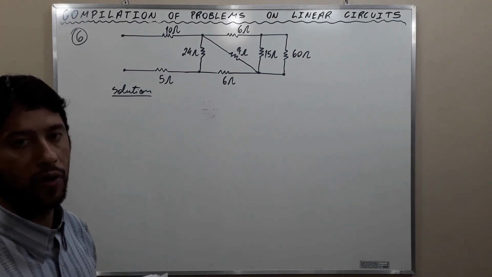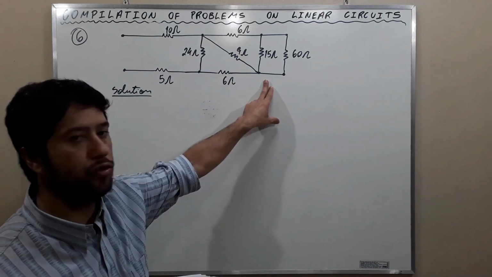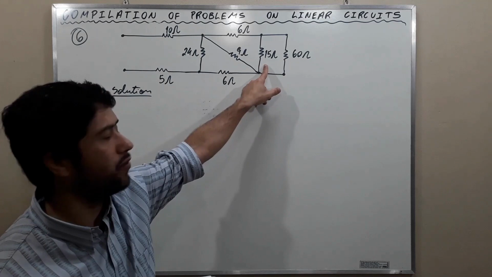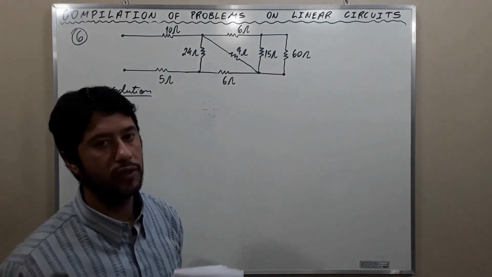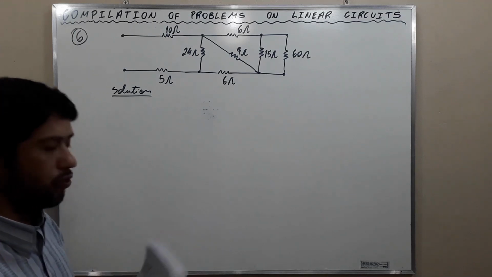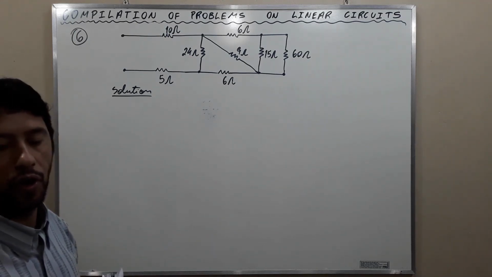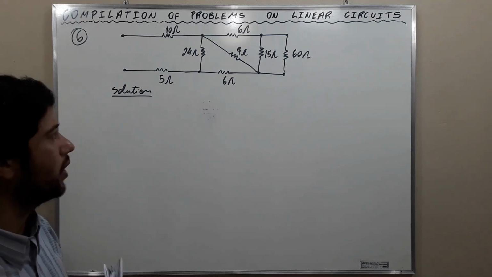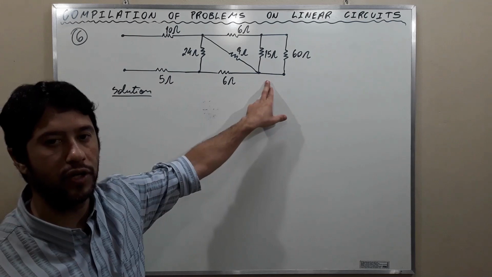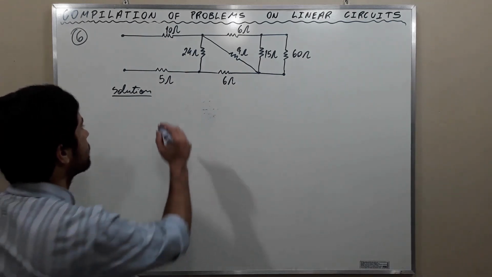Firstly, we are going to work on the parallel connection between these two resistances here, 15 ohms and 60 ohms. The rule that we are going to use is the product over the sum. We are going to call this combination equivalent resistance number 1.